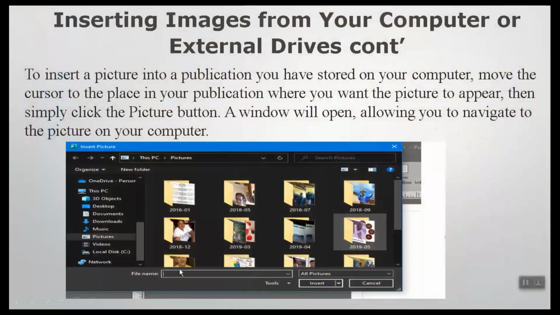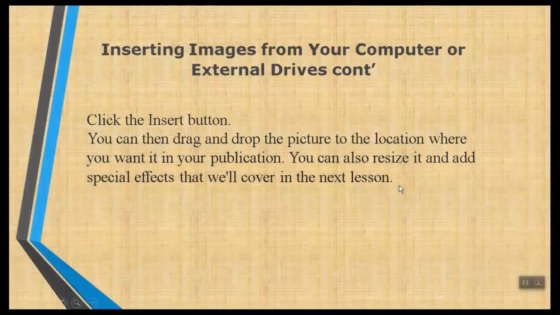You select the image you want to insert, and then you click the Insert button. Then it is inserted into your publication. You can also resize it and add special effects, which we'll cover in the next lesson.